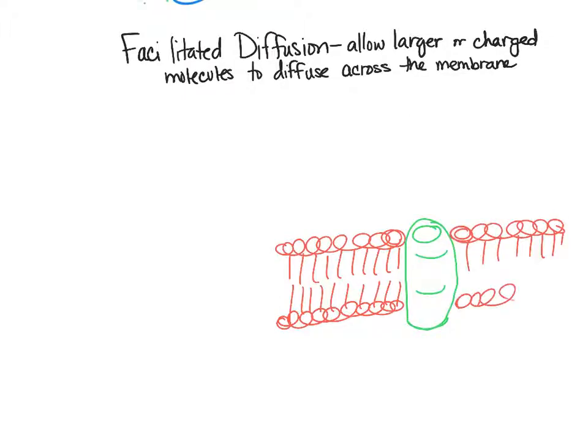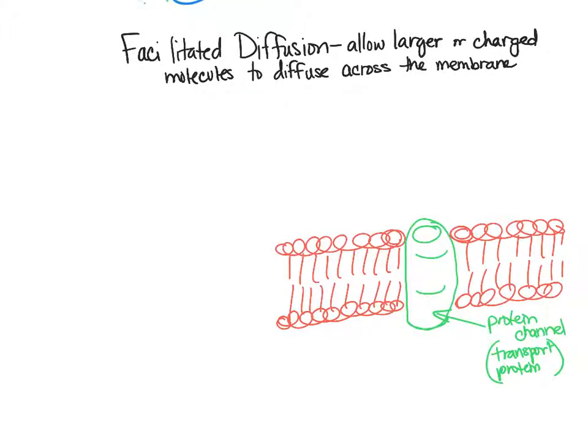Right, so we have our plasma membrane here, my simple shorthand drawing of the plasma membrane, and then this right here, this is a protein channel, also known as a transport protein. Remember, we talked about that already.